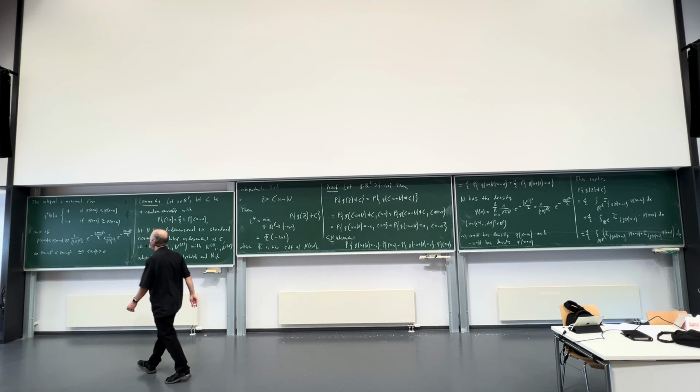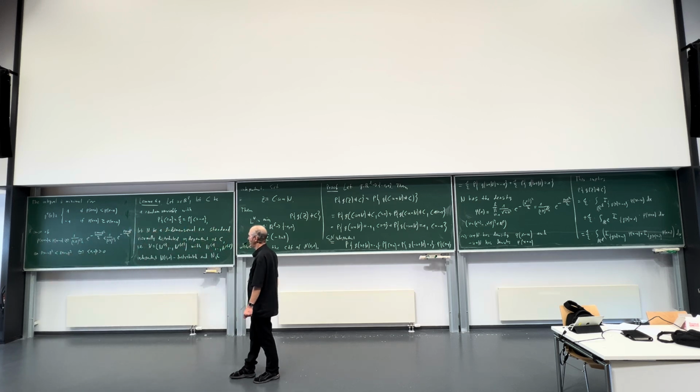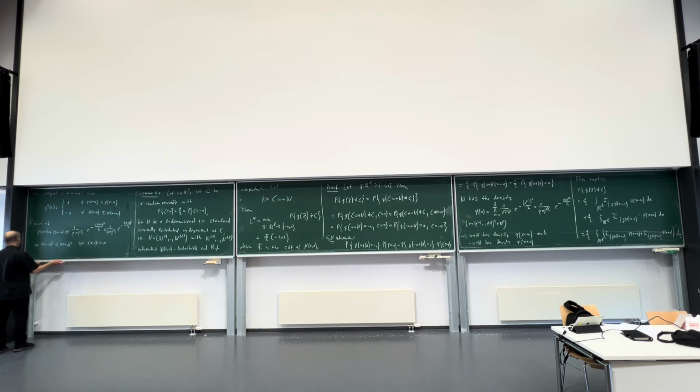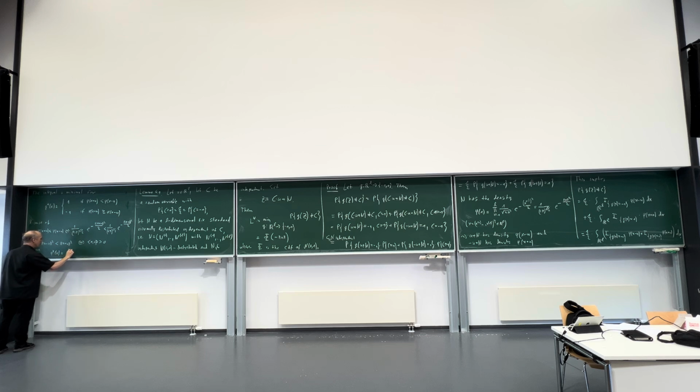And now you see you have an easier form of G star. G star of x is 1 if the scalar product of x and u is greater than 0, and minus 1 if the scalar product is less than 0.